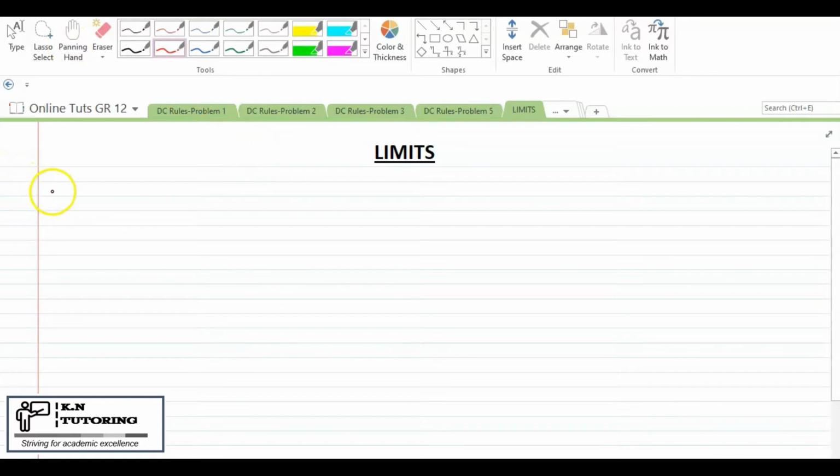So the notation that is used in calculus when talking about limits is written as follows. For example, let's look at this problem. It says, what is the limit of the expression x plus 2 as x approaches 4?